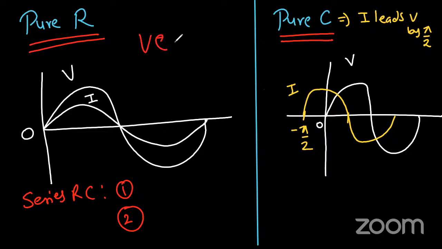So here V and I in phase. And यहाँ पे I leads V by pi by 2 because capacitor.